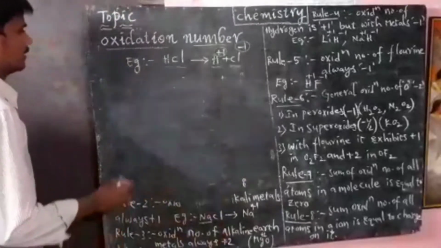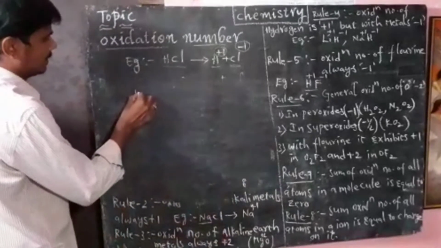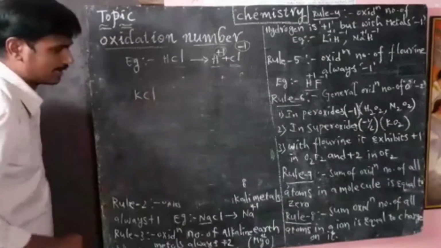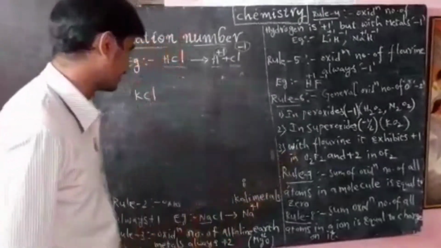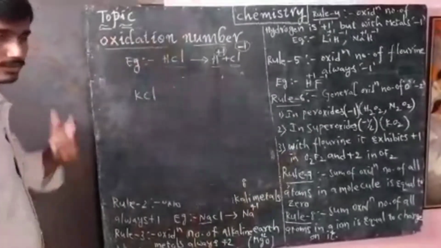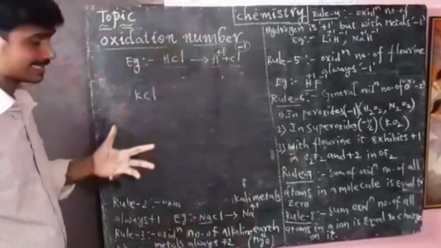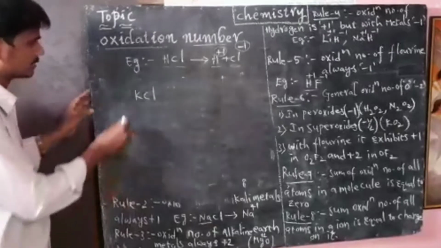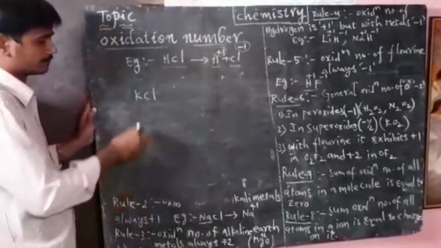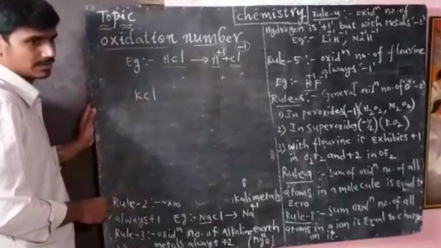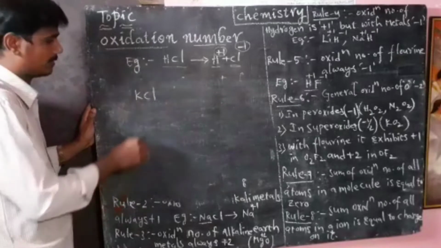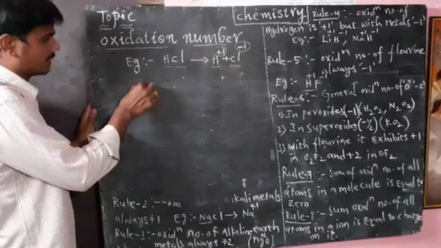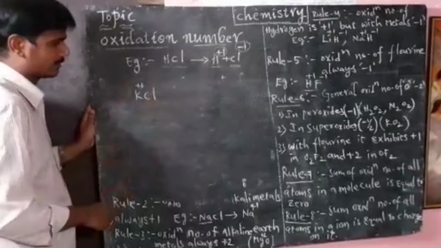For example, KCl, potassium chloride. I am discussing rule 7: the sum of oxidation numbers of all atoms in a molecule should be 0. Potassium belongs to the first A group, the alkali metal family, so as we discussed in rule 2, it exhibits +1.